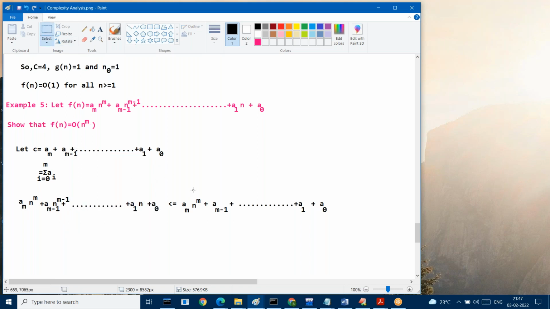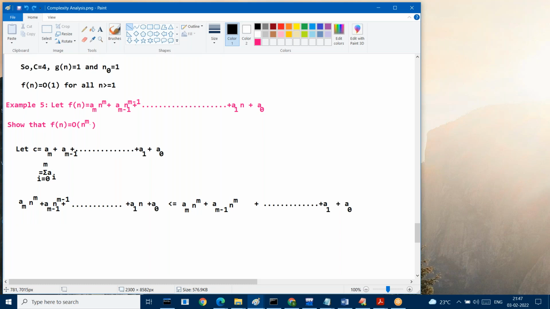if I again multiply this term, that means the second one, with n to the power m, don't you think that it will be a bigger term? Just compare this part and this part, right hand part will be bigger now, because constant both sides same, am minus 1 same, but here the second constant is multiplied with n to the power m minus 1, and here it is multiplied with n to the power m, so this fellow will be bigger now.